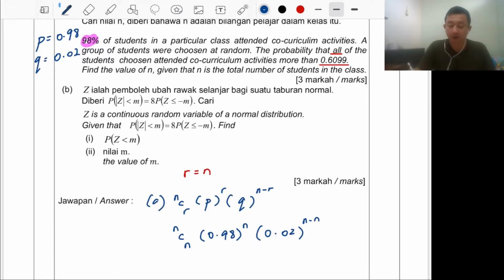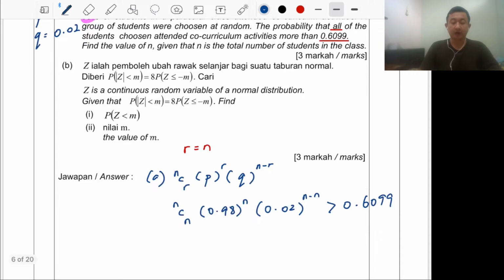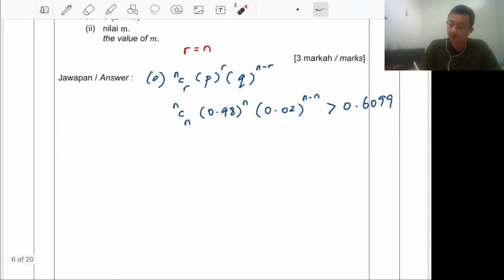It is more than 0.6099. Okay, right now let's find the value of n. Power 0. So power 0, this whole thing becomes 1. Not significant anymore. And just cancel it off because times 1 doesn't make any difference.